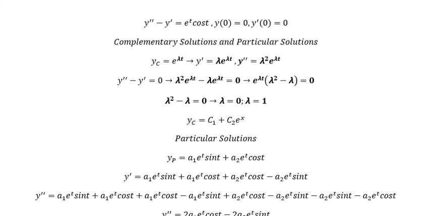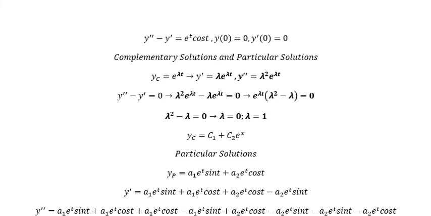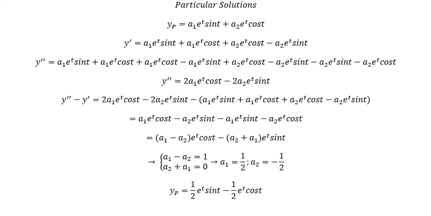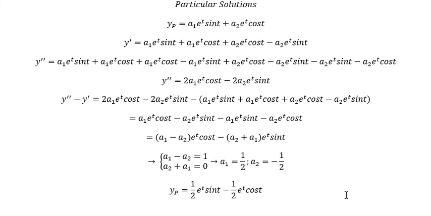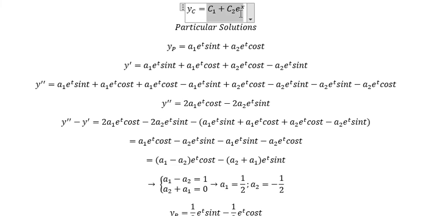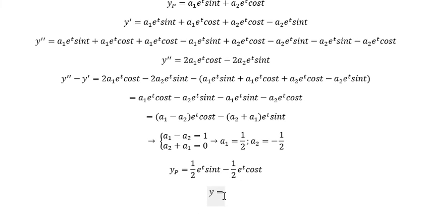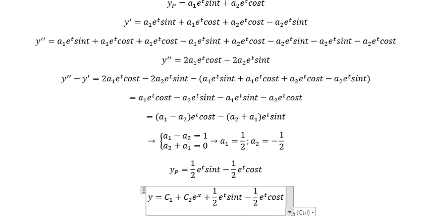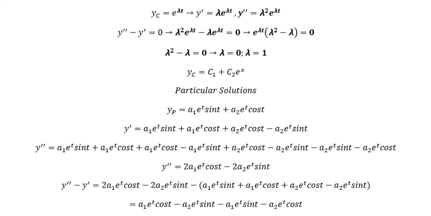Now we combine complementary solution and particular solutions, so we got a final answer. So complementary solution we got in here, particular we got in here. Now let's go to the conditions.